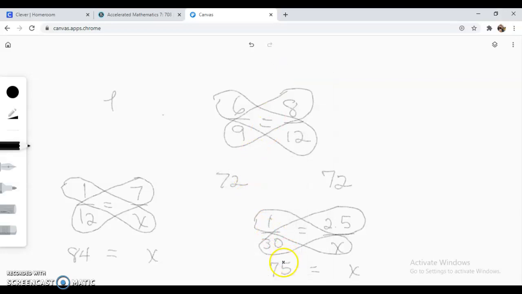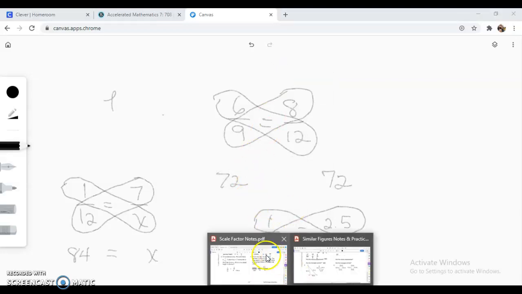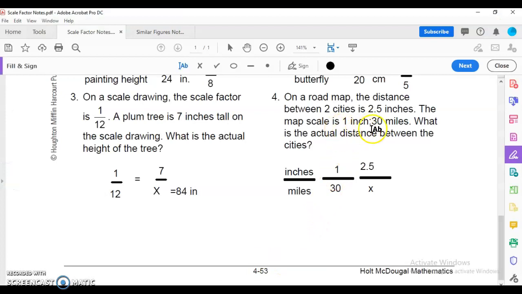Yeah. So that's my answer. So I go back here, and it says, what is the actual distance between the two cities? And my answer is 75 miles. And that is how you do proportions, similar figures, and scale factor.